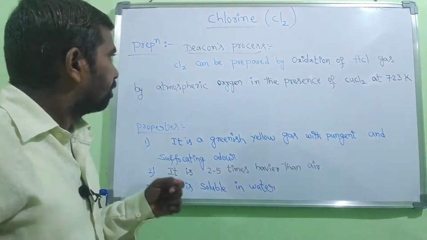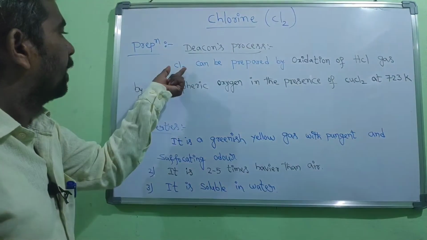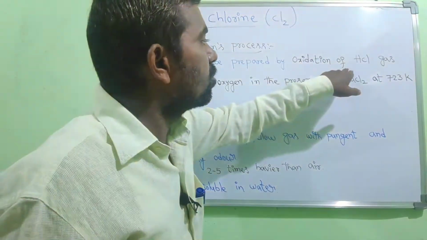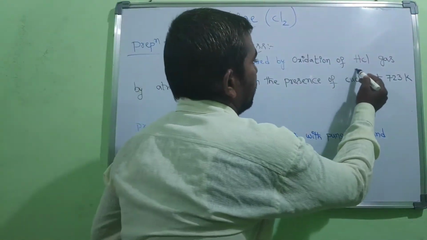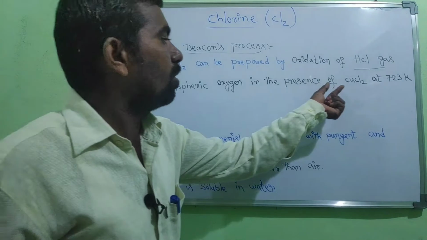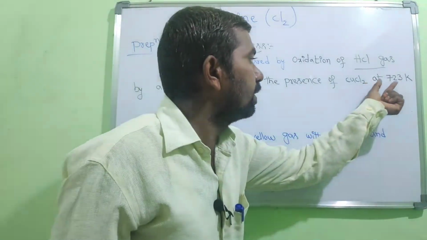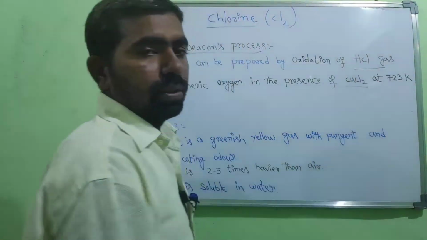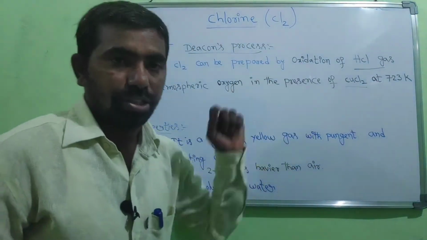Deacon's process. In this process, Cl2 chlorine can be prepared by oxidation of HCl gas by atmospheric oxygen in the presence of CuCl2 at 723 kelvins. Here the CuCl2 acts as a catalyst.